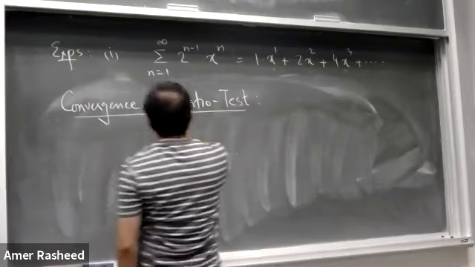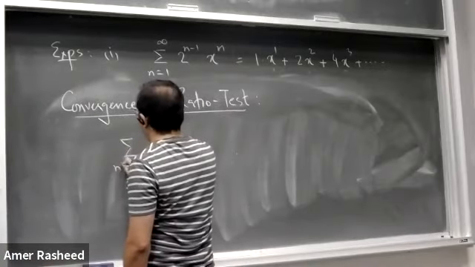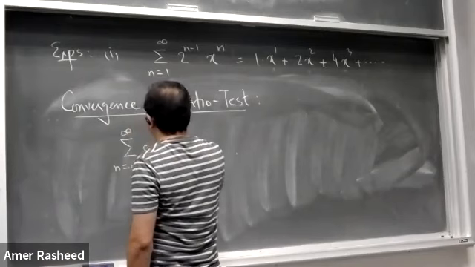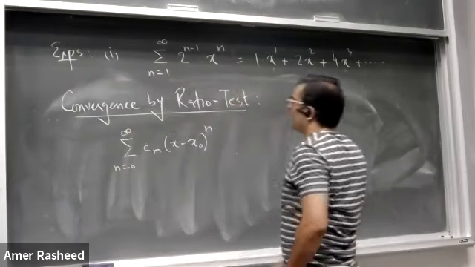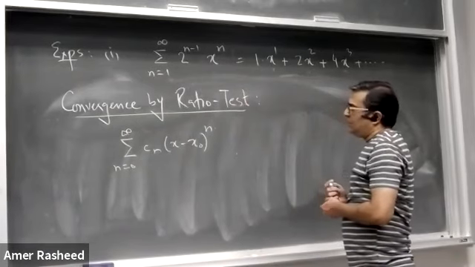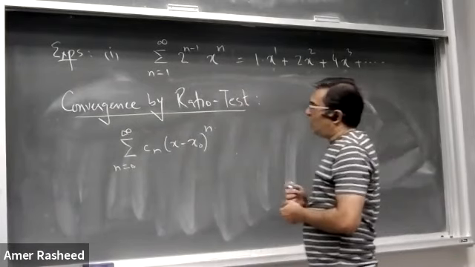Our power series is normally the sum from n equals 0 to infinity of c_n times (x minus x naught) to the power n. What is the ratio test?